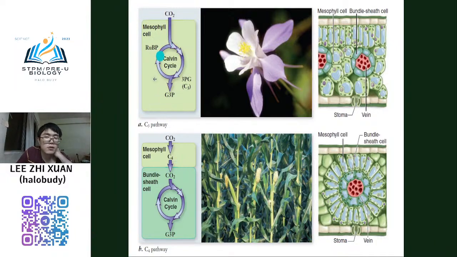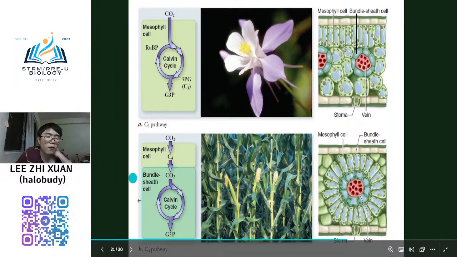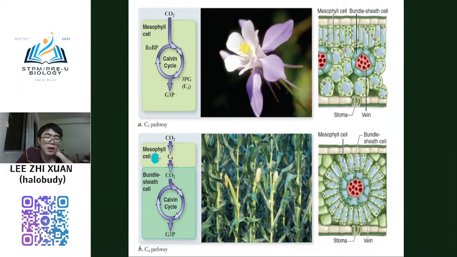What are their differences? You see here, in C3 the carbon dioxide fixation and the carbon cycle totally occur inside the mesophyll cell. But for C4, the carbon dioxide fixation occurs at the mesophyll cell first. The carbon dioxide is fixed in the mesophyll cell first, and then forms the intermediate we call C4.